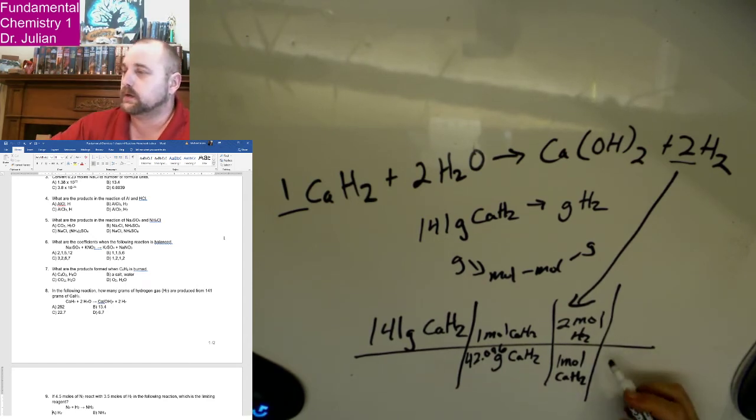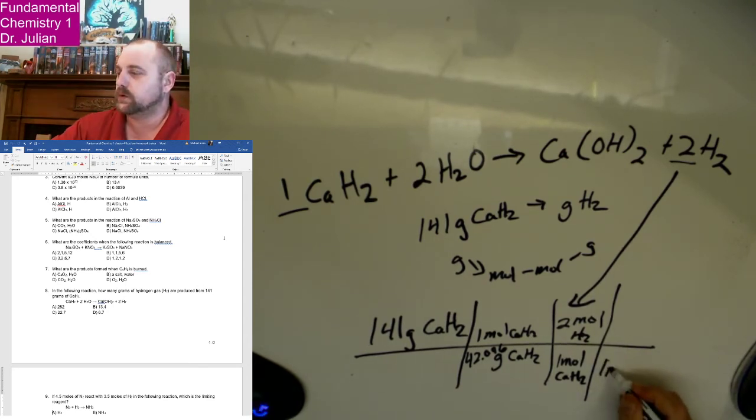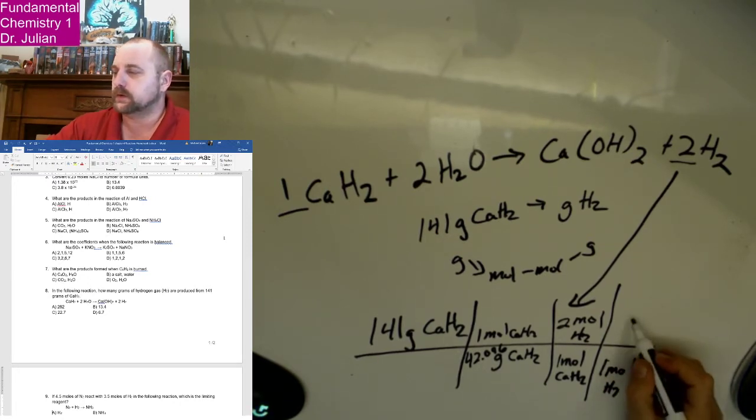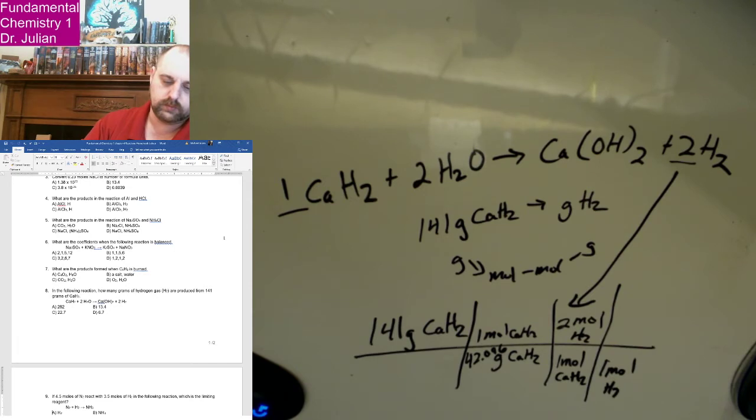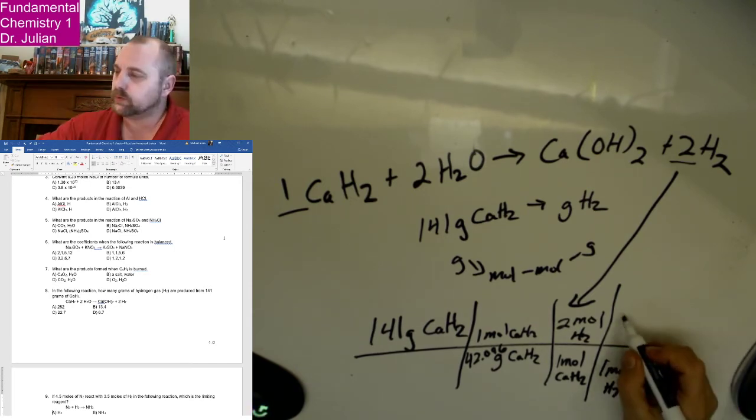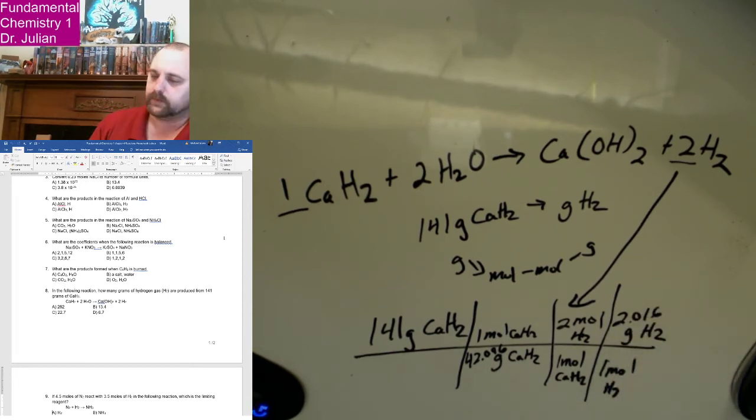All right. So then for each 1 mole, notice it's back to 1 mole of H2 gives me 2 times 1.008, or 2.016 grams of H2. All right, so multiplying across: 141 times 2 times 2.016 divided by 42.096.